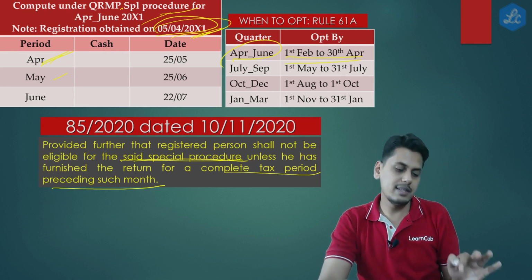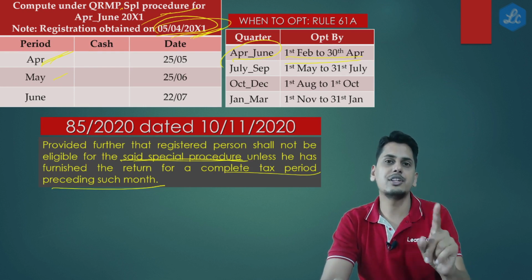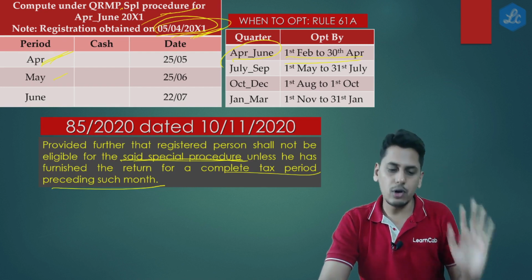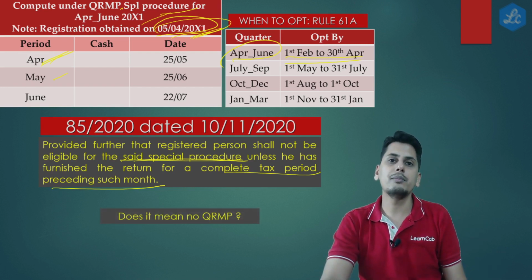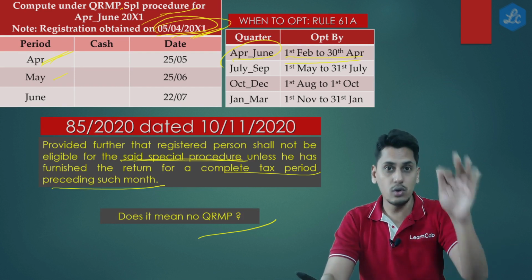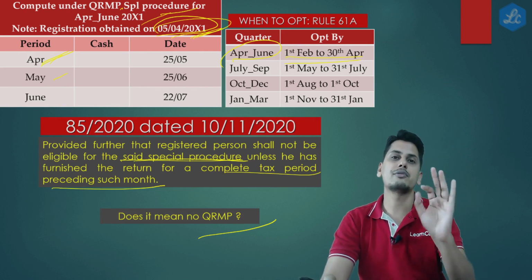So now friends, preceding the month of April, has he furnished a return? The answer is no. So can he opt for QRMP? Answer is yes. Does it mean there is no QRMP? No. QRMP is available. He cannot pay tax under the special procedure or fixed sum method.